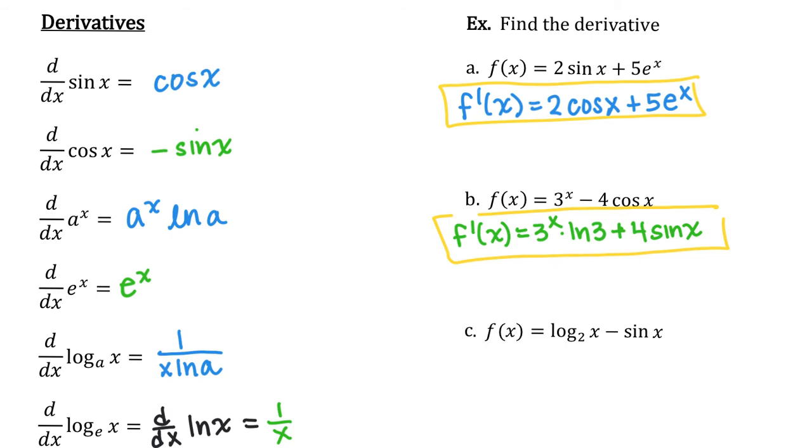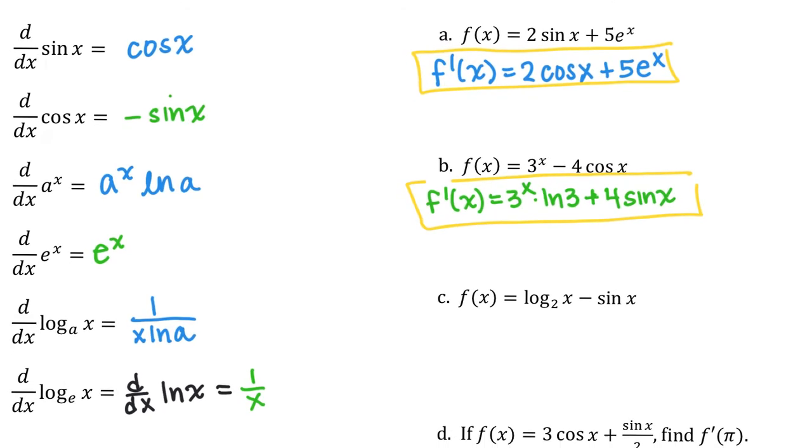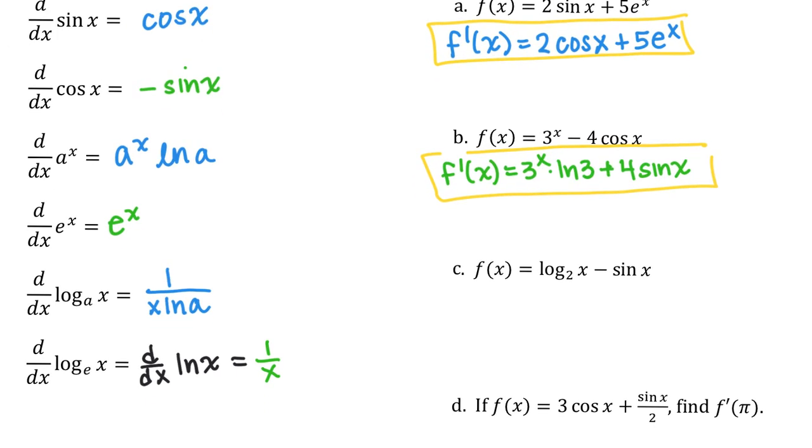Okay, let's look at C. f of x equals the log base 2 of x minus sine x. Okay, the derivative of log base 2 of x, here it is.